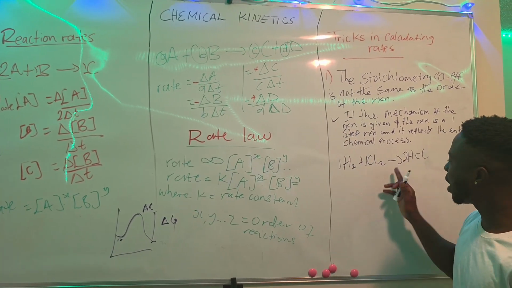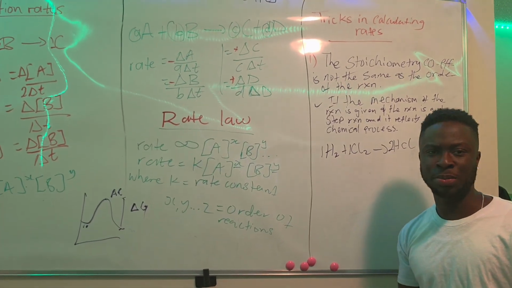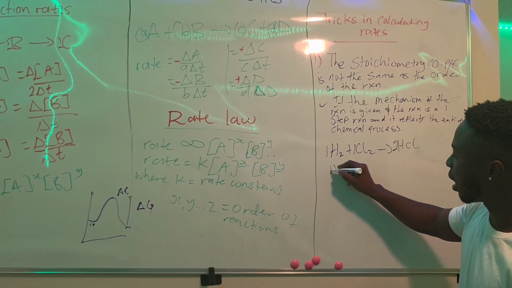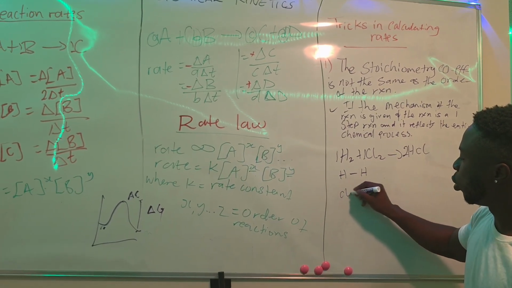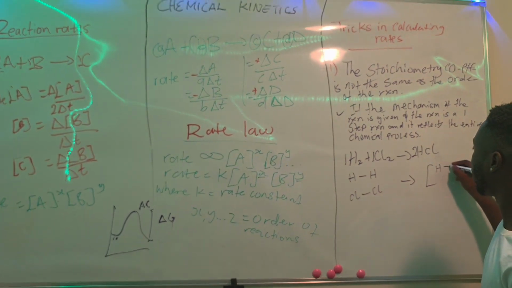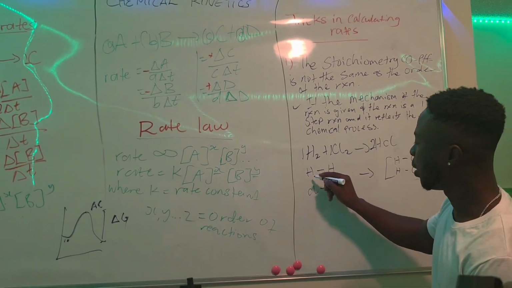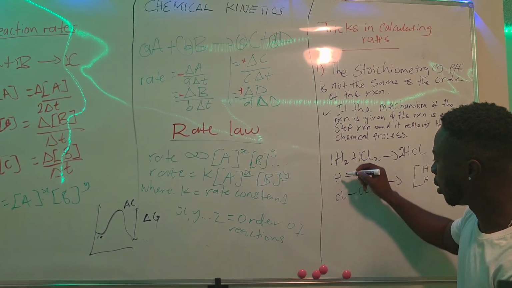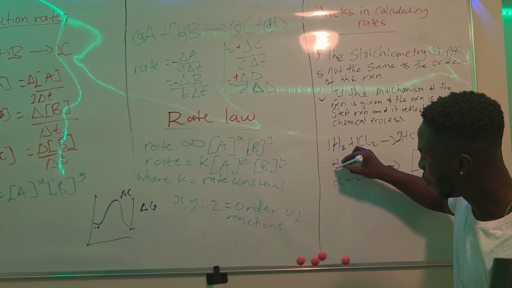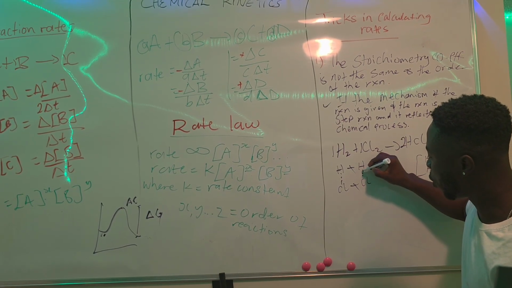And also, the reason why I said this barely occurs in nature is that this reaction over here is not a one-step reaction. First of all, you have hydrogen bonded to hydrogen, chlorine bonded to chlorine, and you're trying to form 2 hydrogen chloride, right? Now, for this hydrogen to bond to this chlorine, the bond between the hydrogens will first have to weaken, and this one would also have to weaken for you to form this type of bond.